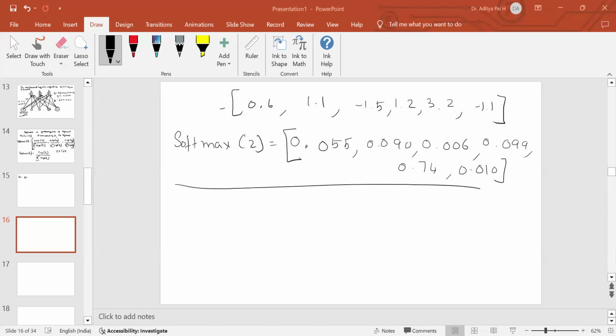This is the proper way the equations can be written. If this is my node, what we are applying is the summation of the multiple inputs: x1, x2, and x3. These are the different inputs. To this we are applying weights W1, W2, and W3, the multiple weights being applied.